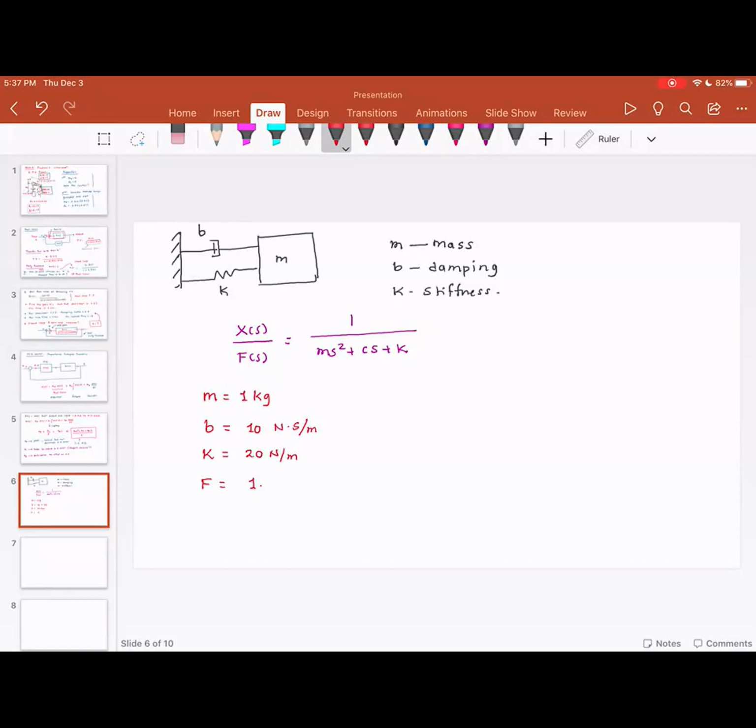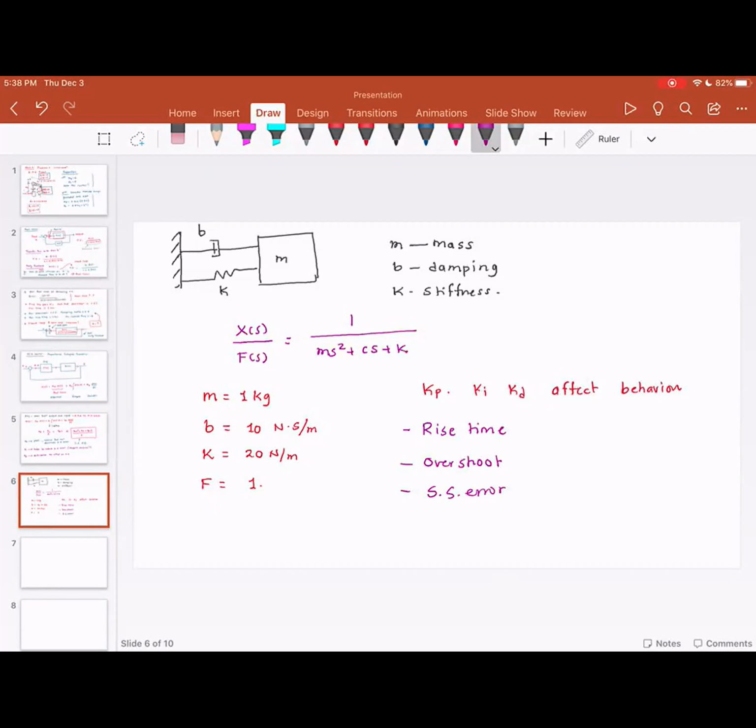Now what I want to do is, I want to see how Kp, Ki, and Kd affect the behavior. Specifically, I am interested in looking at what it does to rise time, what it does to overshoot, and what it does to steady state error.